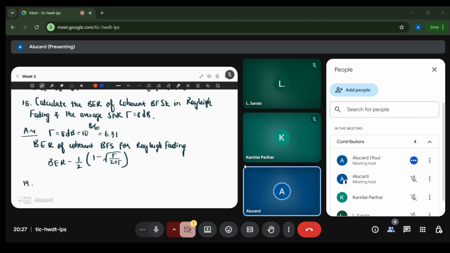Which of the following blocks can de-interleave? I'll just tell you the answer. If you have an interleaver of size i by j, then you can de-interleave by using an interleaver of size j by i. So you're just doing the reverse process.